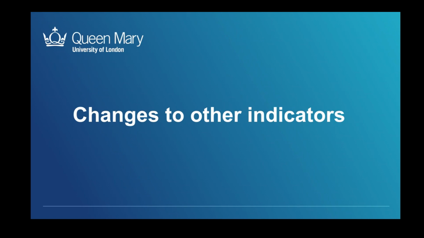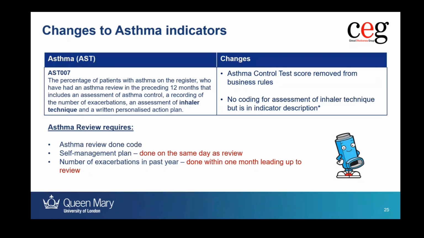Thank you, Shazia. Okay, so I'm going to go through some of the other changes that have been made for QOF this year. Next slide. So starting off with asthma. For asthma reviews this year, the coding for the control test score has been removed from the business rules.